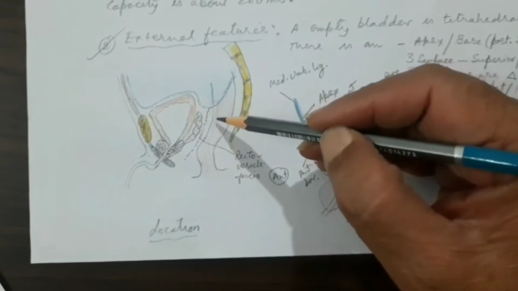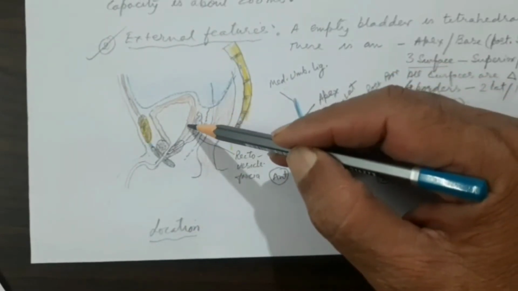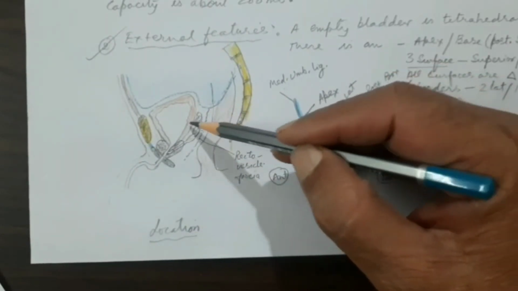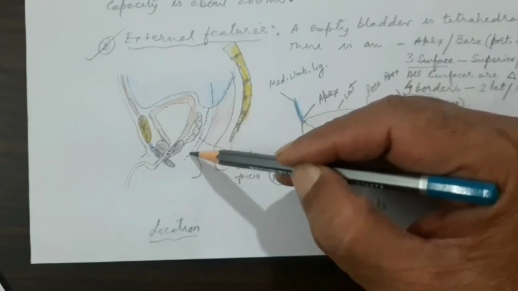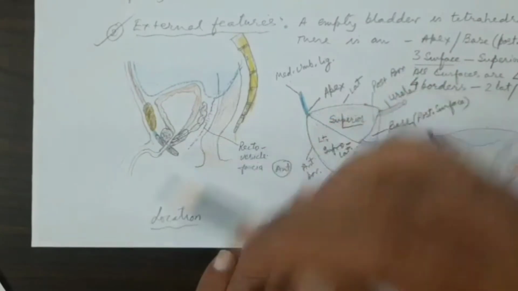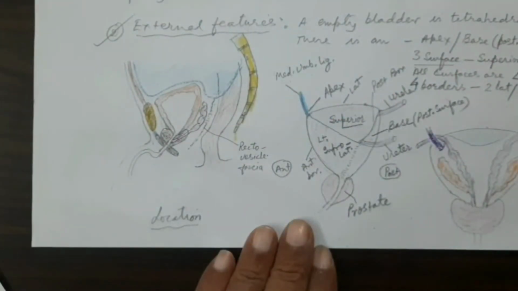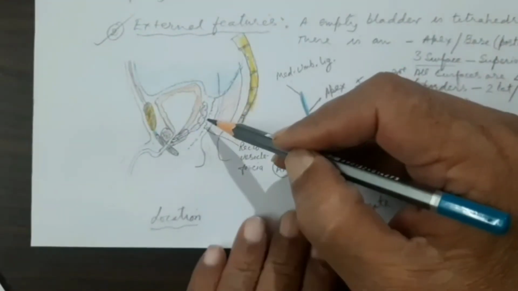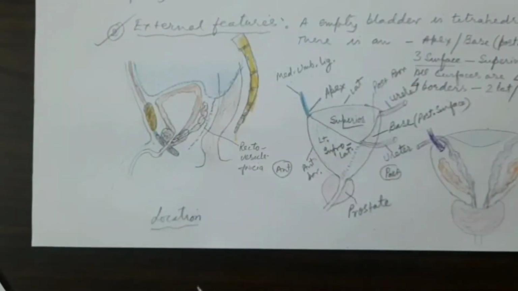Rectovesical fascia means between the rectum and vesicle, meaning bladder. So between the bladder and rectum this fascial septum is present, called the rectovesical fascia. And how is it formed? It is formed just by condensation of the pelvic loose connective tissue to form a fascia-like structure. So this is the rectovesical fascia, okay.